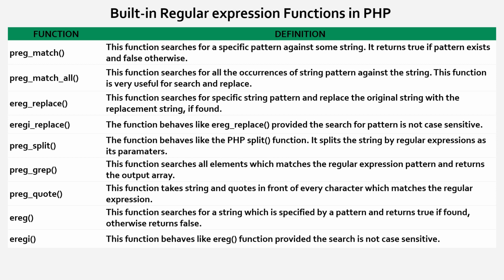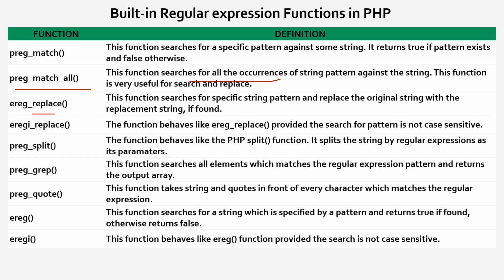Another built-in function is used for the same thing but with occurrences. It searches the occurrences of a string, that is, how many times it repeats. For example, in a particular paragraph, it will take all occurrences of that string. ereg_replace searches for a specific string pattern and replaces it with the replacement string.